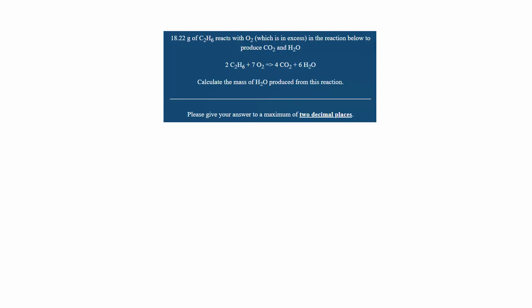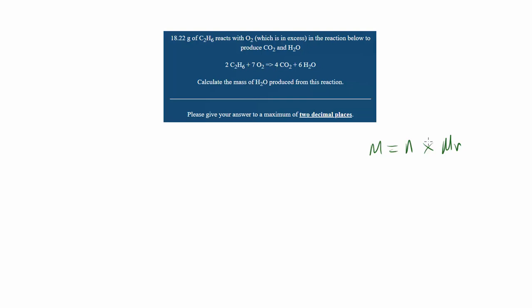Let's try and work out what would be the first step. We want to know the mass of H2O, which we don't have. If we had the amount of substance of H2O, we might be able to work out the mass. So the equation would be mass equals moles, the amount of substance, multiplied by the molar mass.